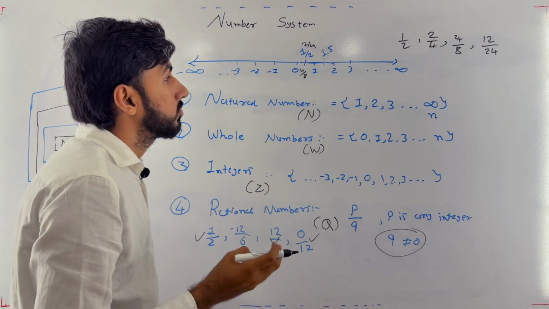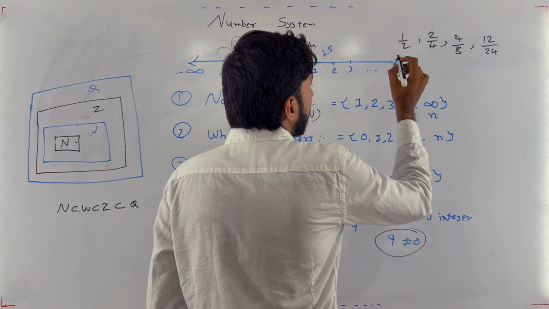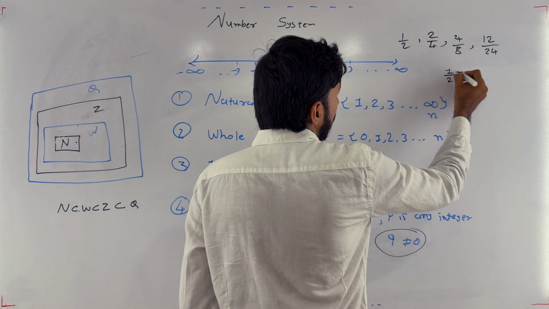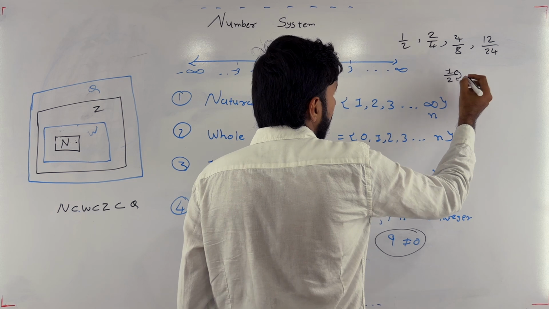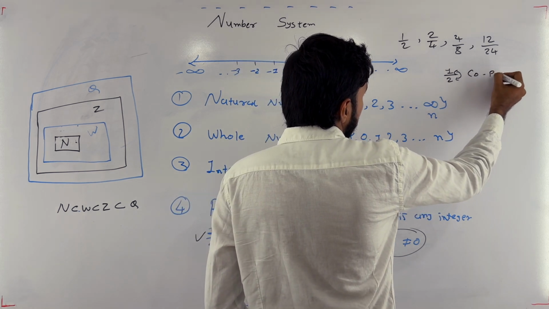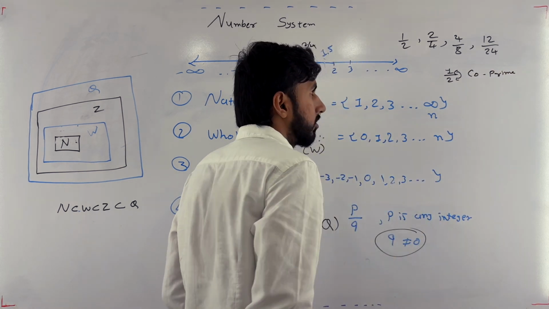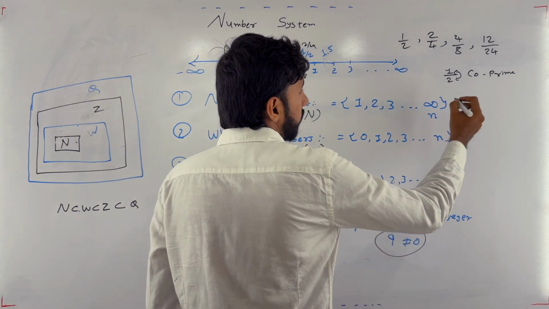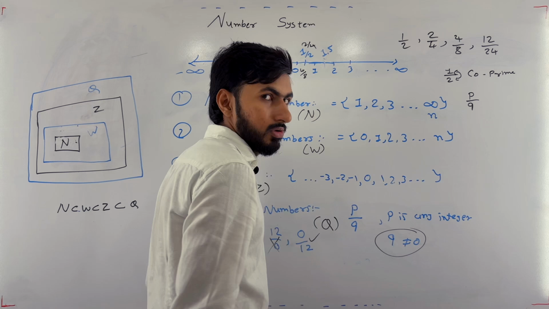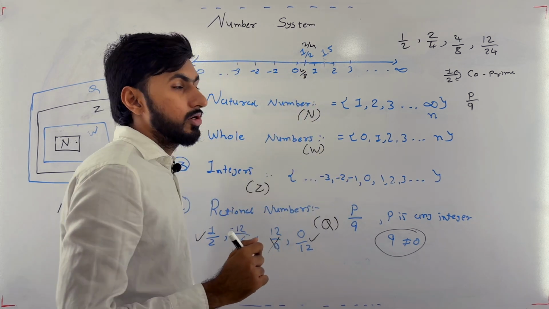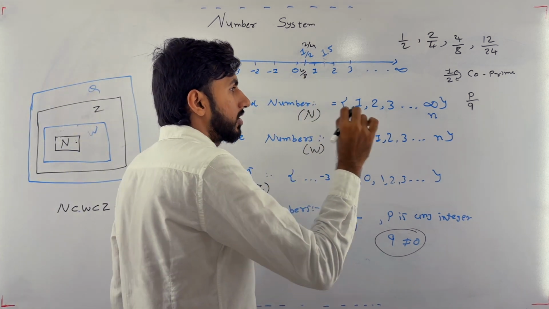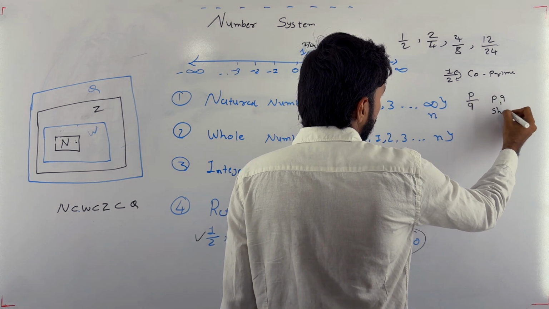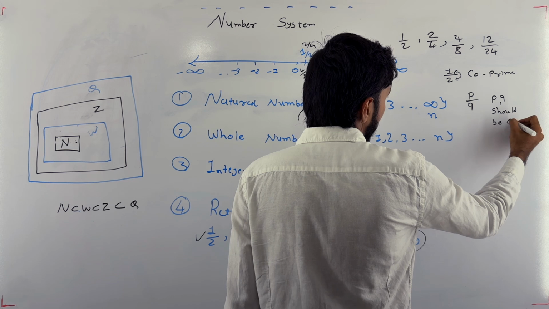So we will use a method where we only mention numbers that are co-prime for numerator and denominator. In other words, for numbers of the type p/q, if I have to represent them on the number line, there is one condition: p and q should be co-prime.